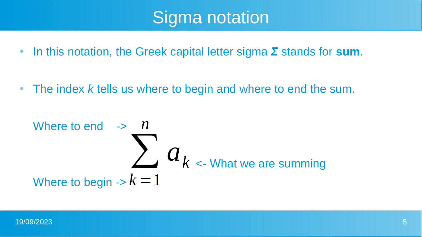And then we'd keep incrementing our k value until we reach our end value, which in this case is n. So for example, we might have a sum of a_1 plus a_2 plus a_3, and so on up until a_n.